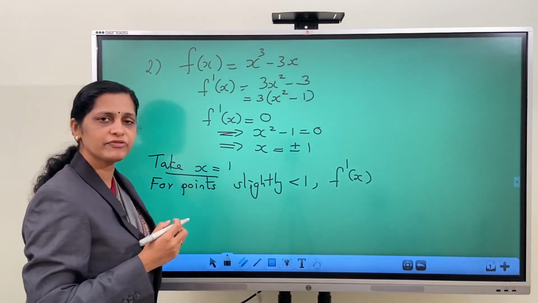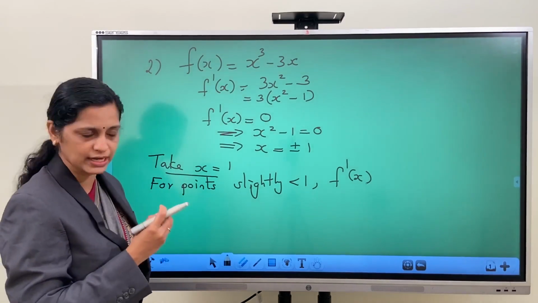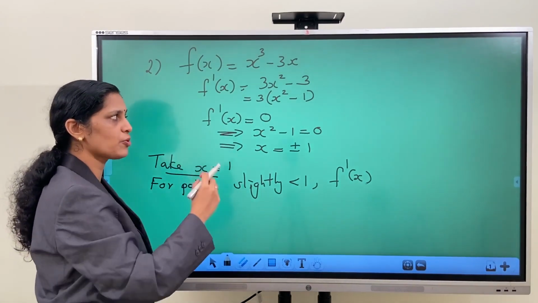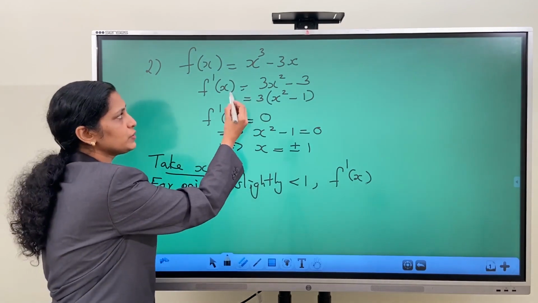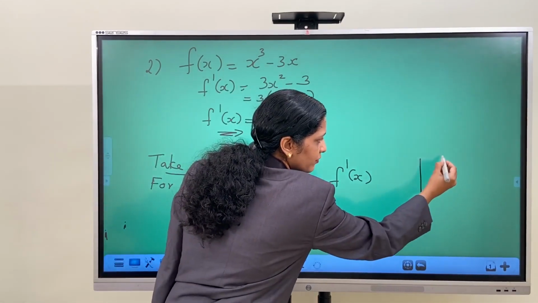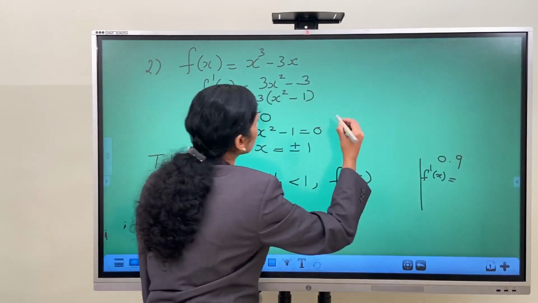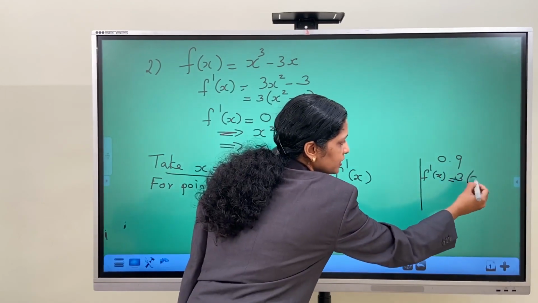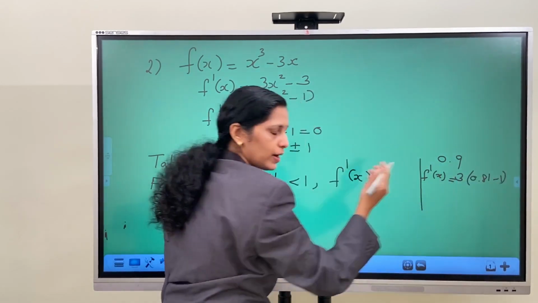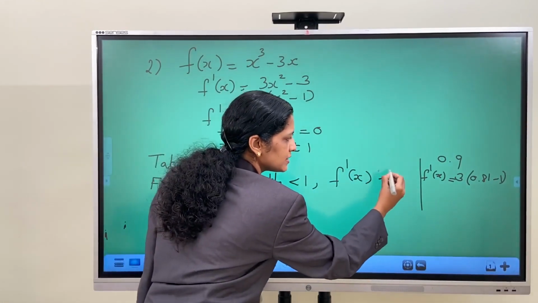Slightly less than 1 means you can take any point very much close to 1. I am going to take 0.9. When you take 0.9, you have to substitute that value in f dash x. Then f dash x becomes 3 into 0.81 minus 1, and it is clear that it is negative. Therefore, f dash x is negative.